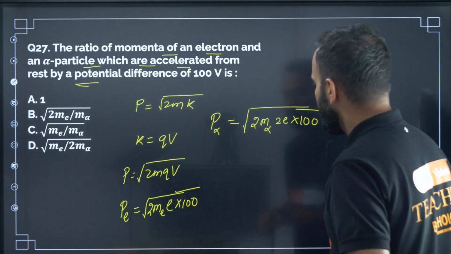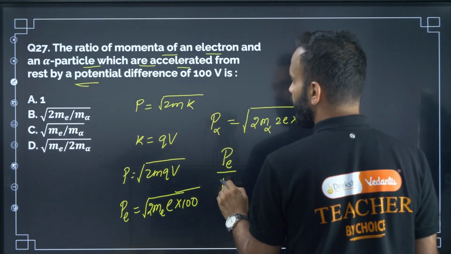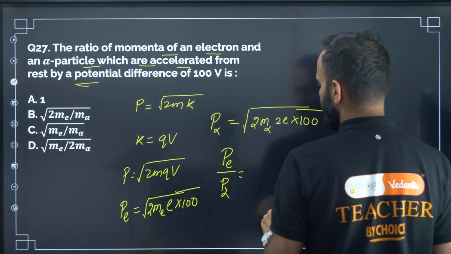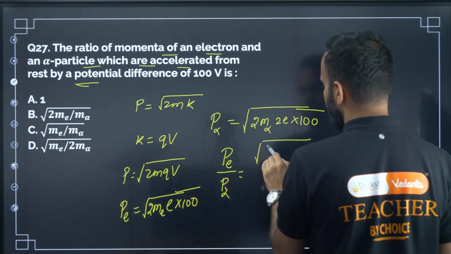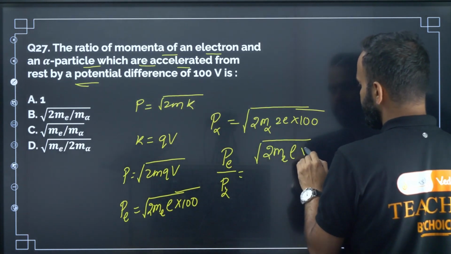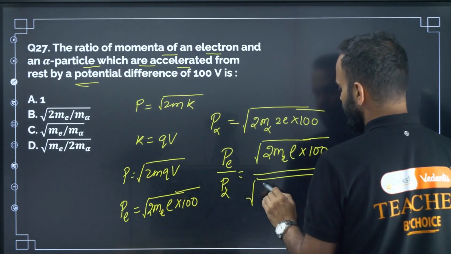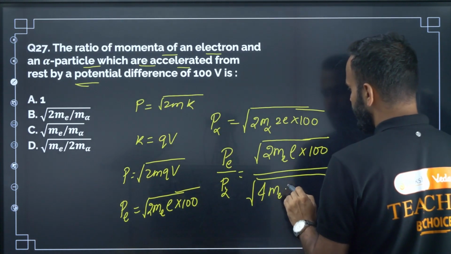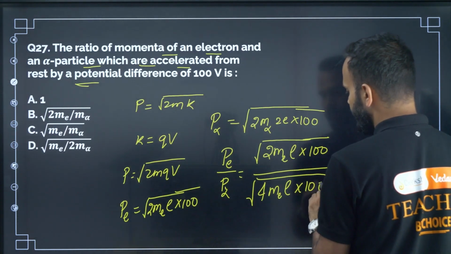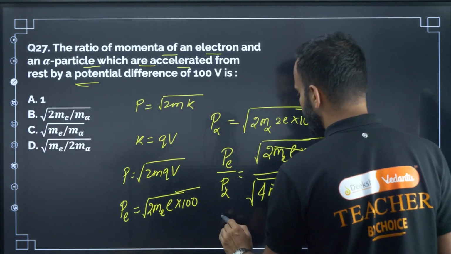Now the ratio of the momentum of the electron to the alpha particle is equal to root of 2 me into e into 100 divided by root of 4 m alpha into e into 100. The e into 100 will get cancelled.